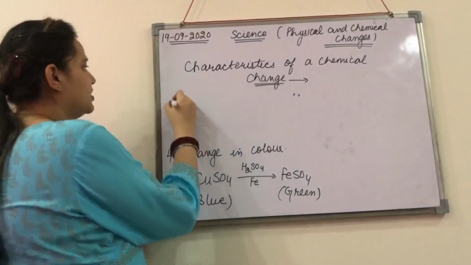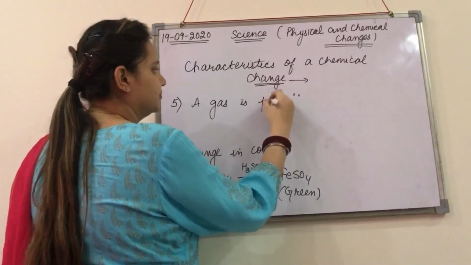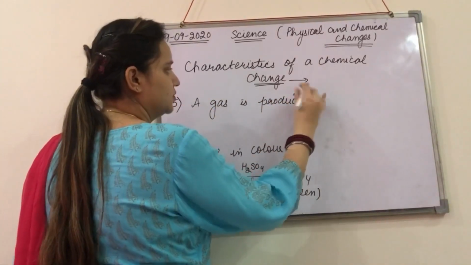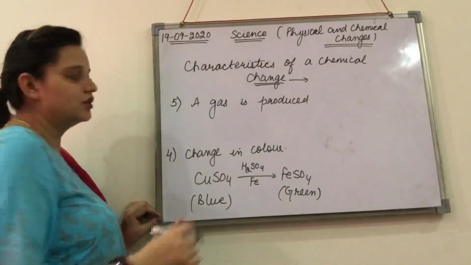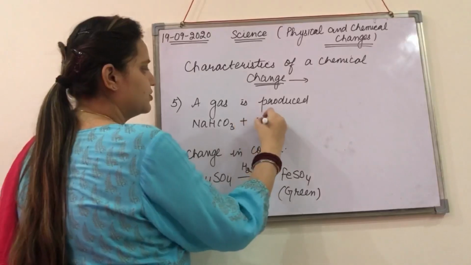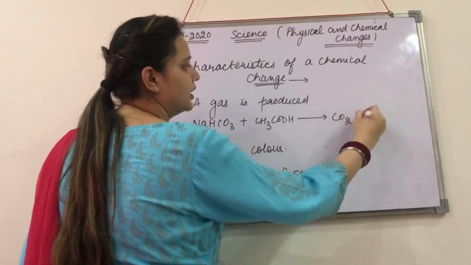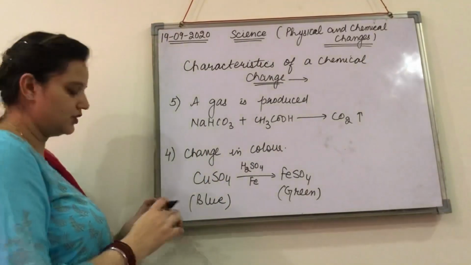Or sometimes in many chemical reactions, a gas is produced. We discussed the example of vinegar and baking soda. What happens in that case? We get carbon dioxide gas, right?